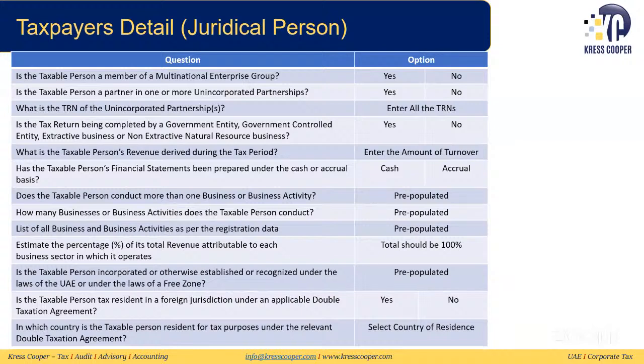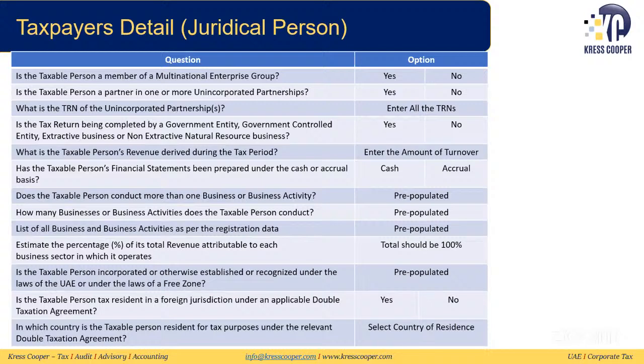But if you have any other business activity apart from this, for example sovereign activity or mandated activity or the extractive business or non-extractive natural resource business, then you have to mark this. When you mark this as yes, it will ask you to provide further information, that is, whether there is any other business activity, because then it will make you fill the return for those business activities which are not part of the exempt activity.